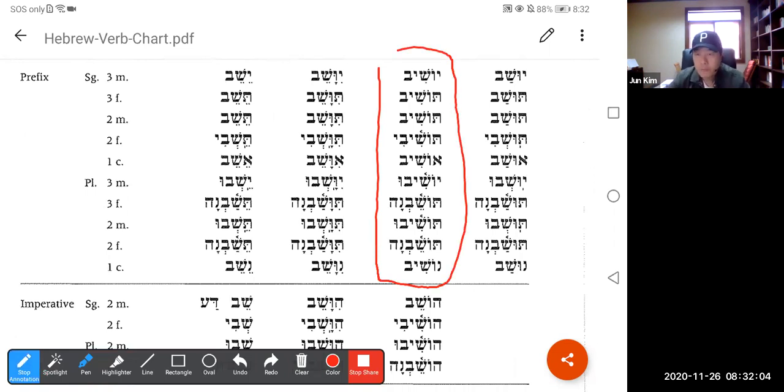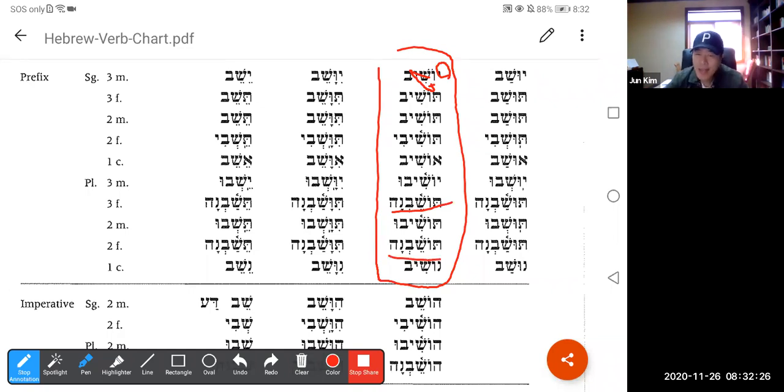For the prefix form, we're going to have a prefix pronoun in the beginning. As you can see, the yod is replaced by Holem plene, and we are expecting hirek yod, most of the time, not all the time, except 3 FPL and 2 FPL.